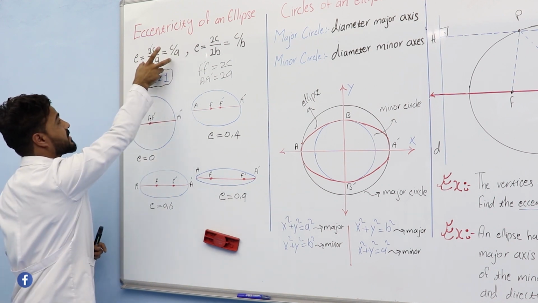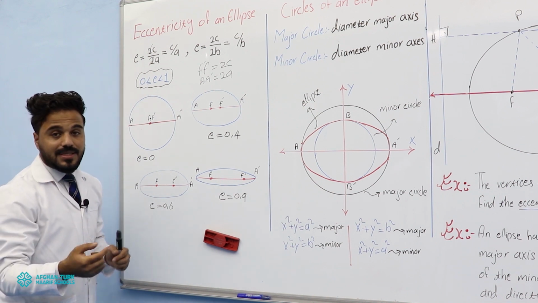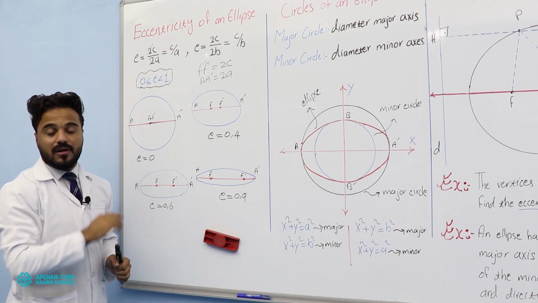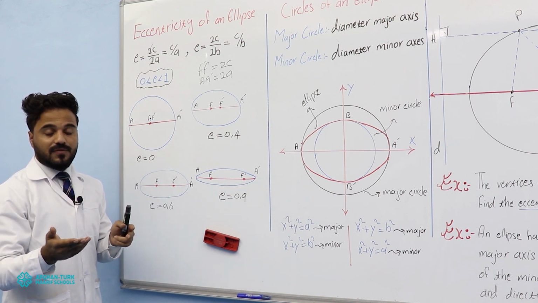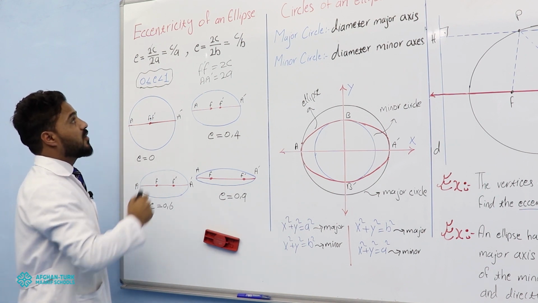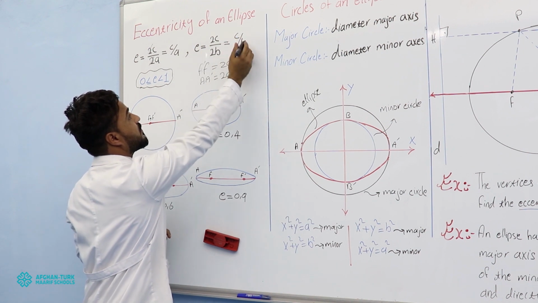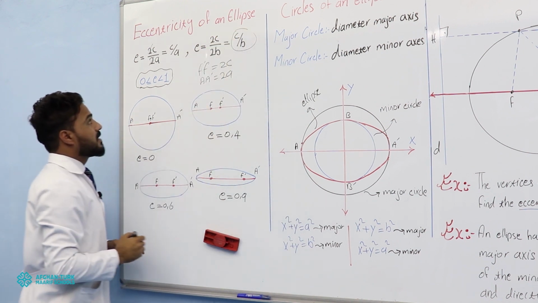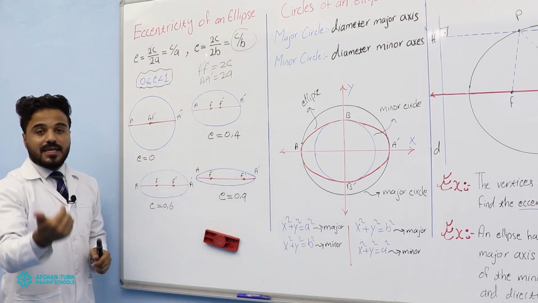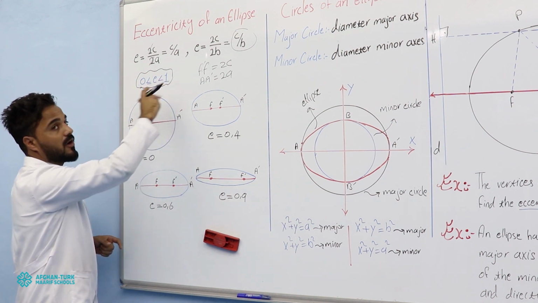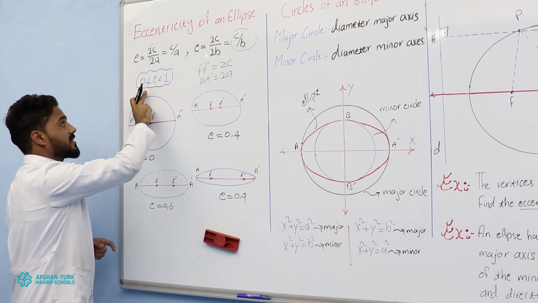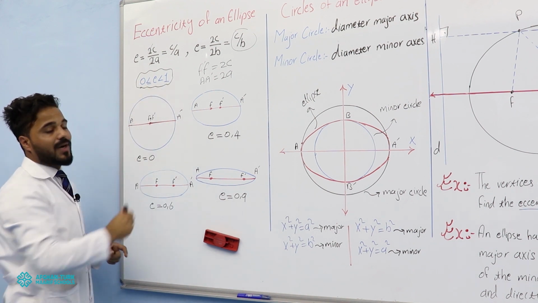This is the eccentricity of those ellipses that their foci lie on horizontal axis. For those ellipses that their foci lie on vertical axis, we have eccentricity c over b. Also, dear students, eccentricity takes value from 0 up to 1, or E is greater or equal with 0 and less than 1.